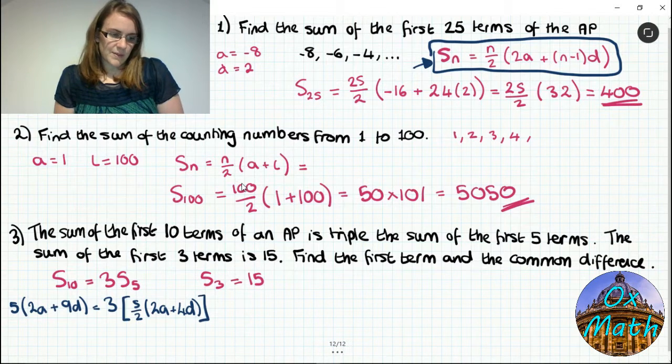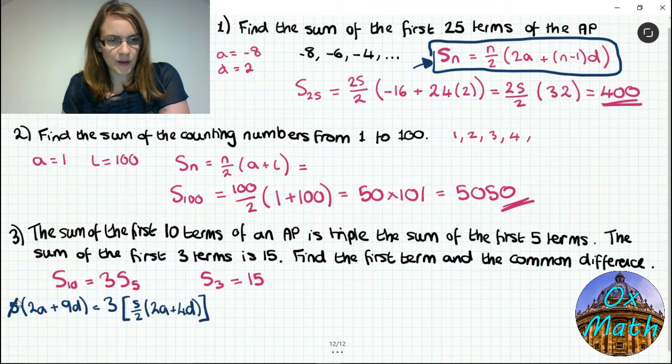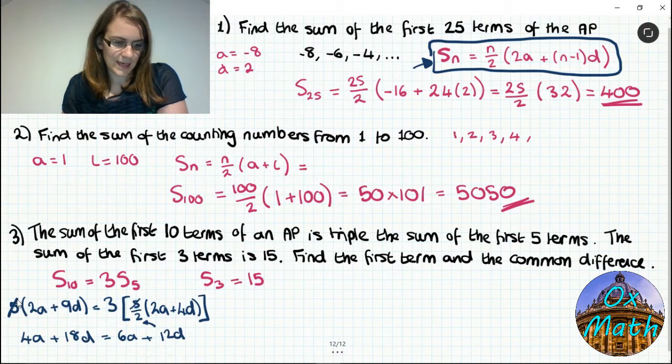So a bit of simplification and rearranging of that. So I can see that the 5's cancel out, and if I multiply through by the 2 on the right hand side, that will give me 4a plus 18d is equal to 6a plus 12d.